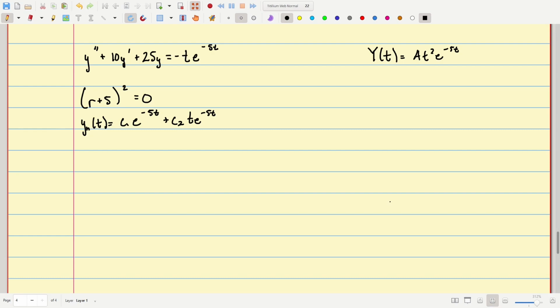You just add a power of t. Now, you can justify this, of course, by doing reduction of order, but the thing that you do in these cases is you just add a power of t, and it's fine.